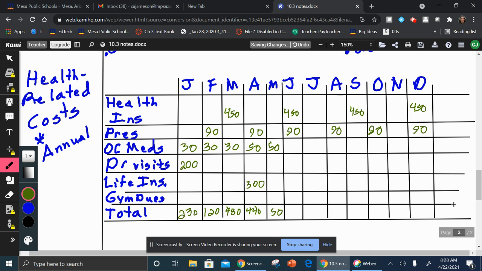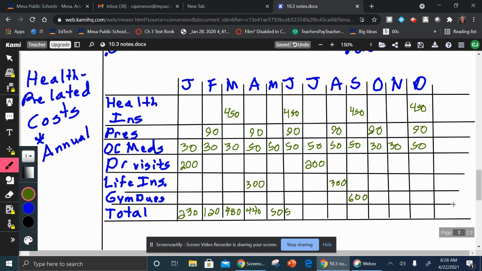And then over-the-counter meds, October was only 30 and then back up to 50. Doctor visits. In July, went to a doctor. Life insurance, $300. Health club dues, we paid that in September for $600.